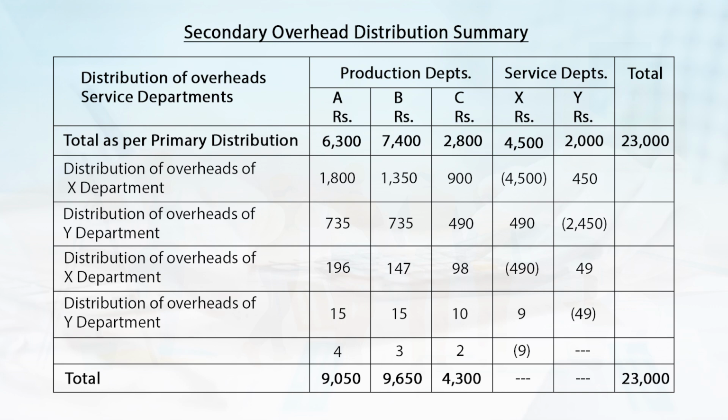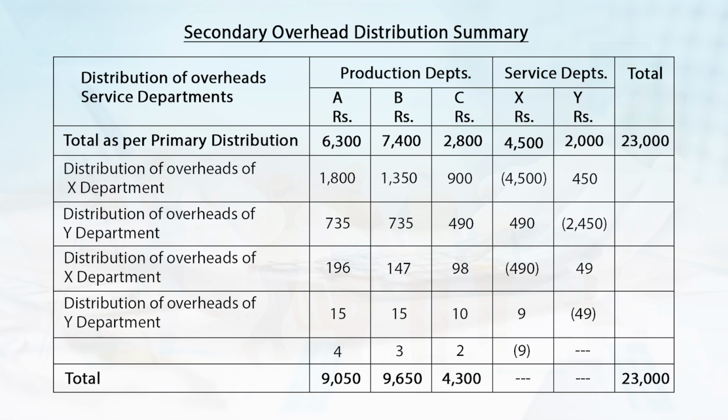So, we will distribute the overhead of X service department to production department A, B, C and service department Y in the percentage given. Amount comes for production department A as rupees 1,800, for B rupees 1,350, for department C rupees 900 and for service department Y it comes rupees 450.